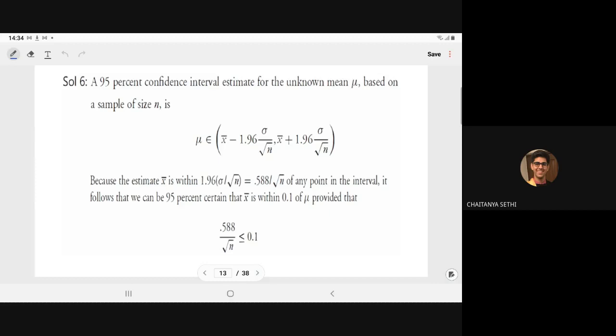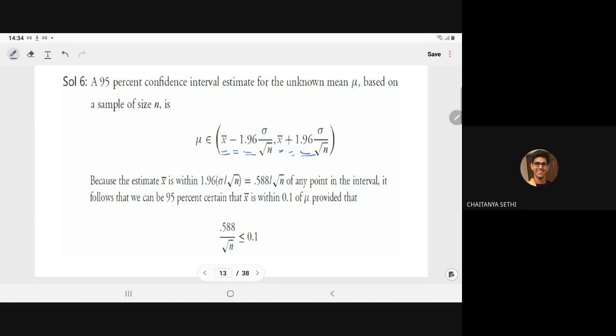So in this case, what is the formula for the confidence interval? For the 95% confidence interval estimate for the unknown mean mu, mu always lies between x bar plus minus z alpha by 2 into sigma upon root n.